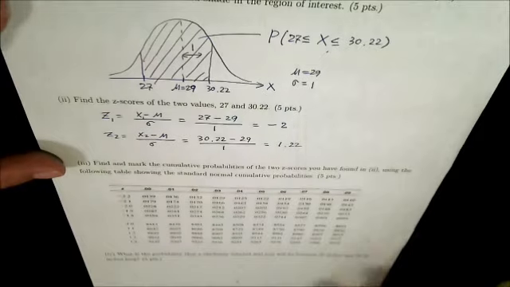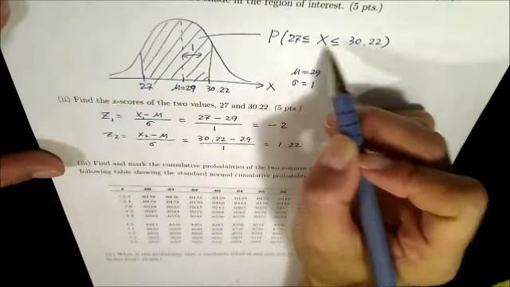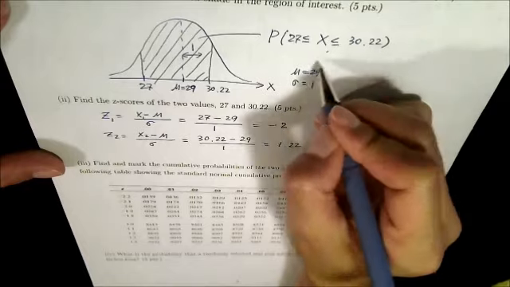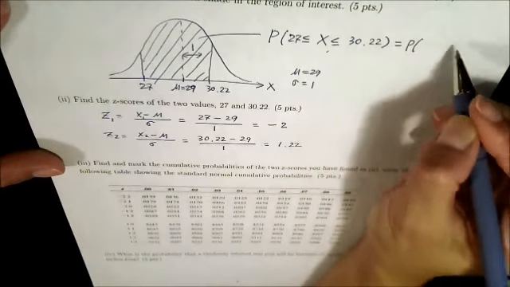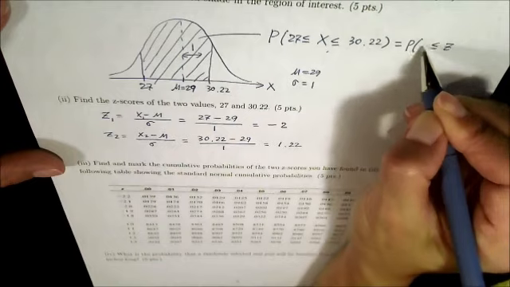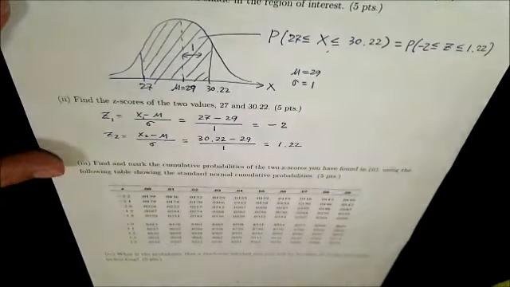So the probability that the variable is between 27 and 30.22 is the same as the probability that my z-score is between negative 2 and 1.22.